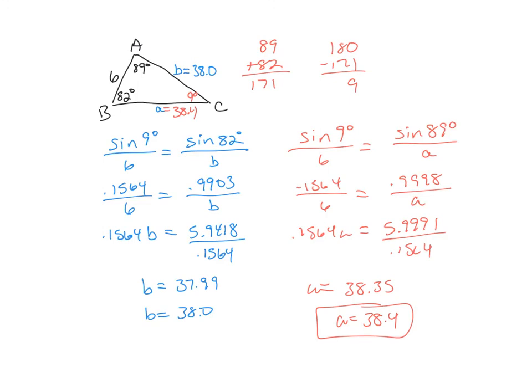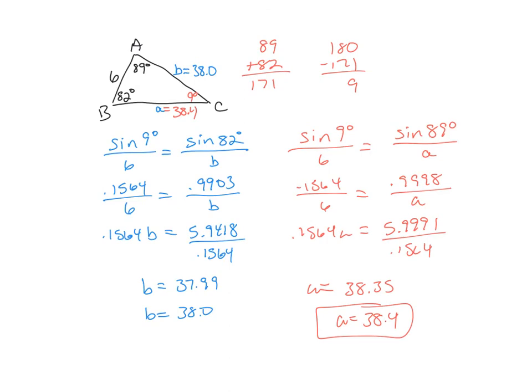Okay, so I've typed in all this stuff and figured things out, and how do I know if I did it right? Well, you don't know 100%, but one thing has to happen for you to at least be in the ballpark. The longest side has to be across from the biggest angle. So 89 is the biggest angle, and across from that is 38.4. 82 has across from it 38.0, so it is smaller. So that has to happen.